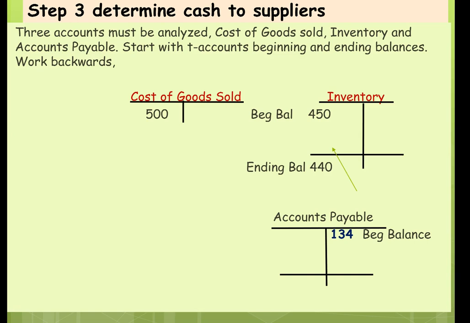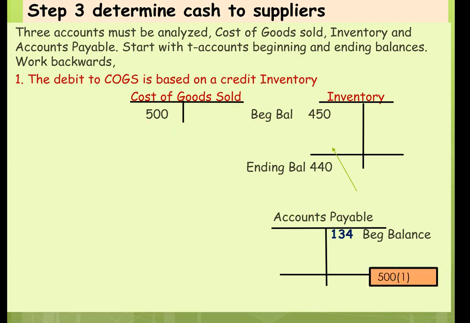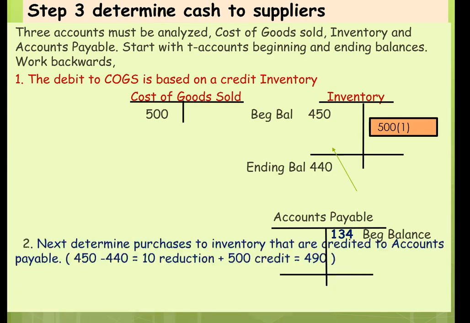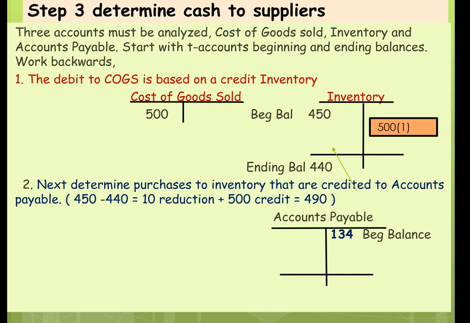I usually like to do it this way: I know that cost of goods sold was $500, which means that we would have credited inventory for $500,000. Now we can see how much we had in additions to inventory, which the offset would have gone to accounts payable. So, in this case, we end up with $490, and you always want to check: take $450, minus 500, plus 490 to make sure you get 440, which you do.